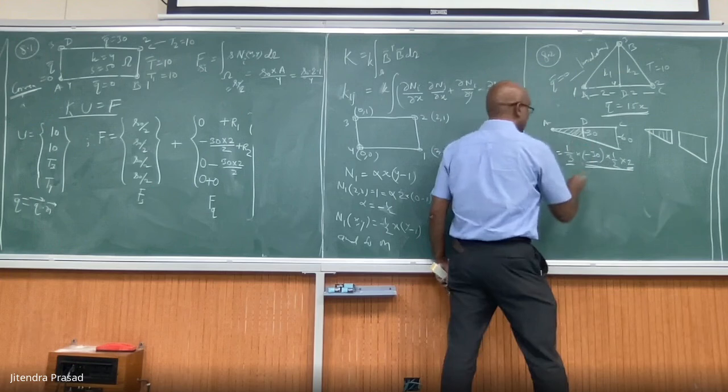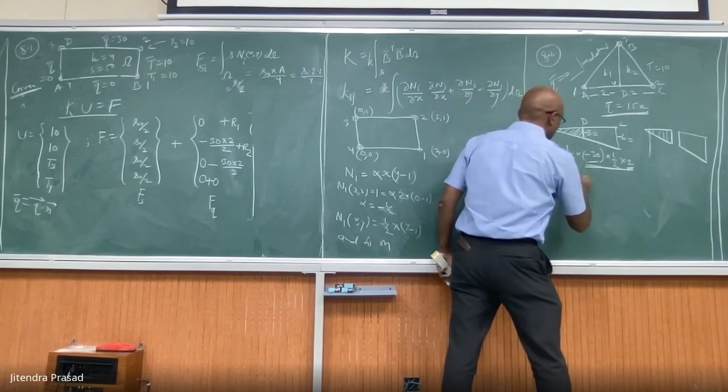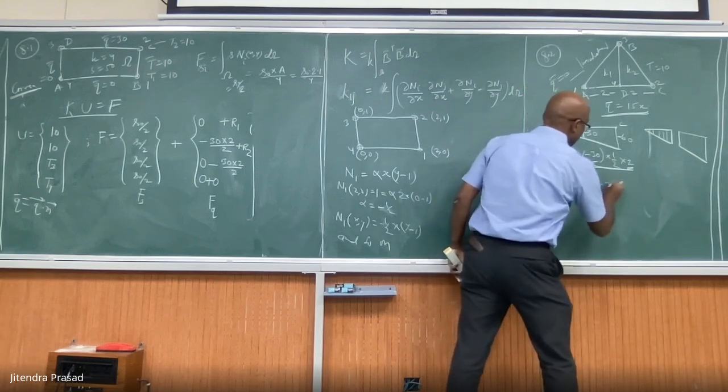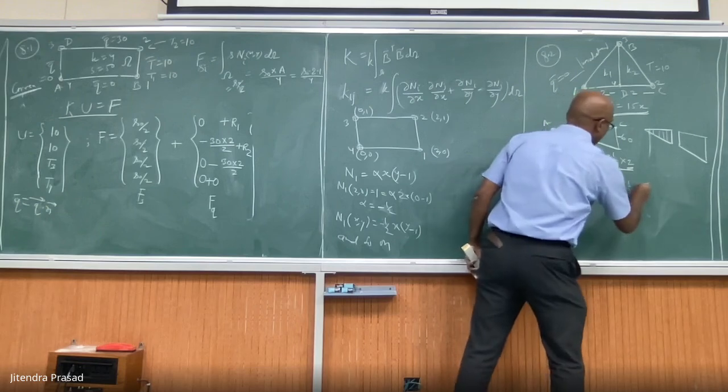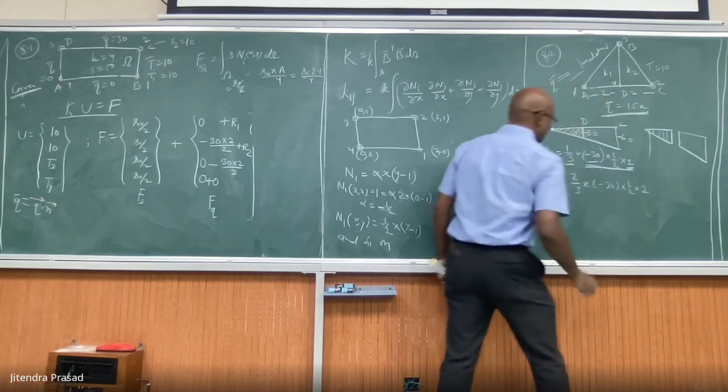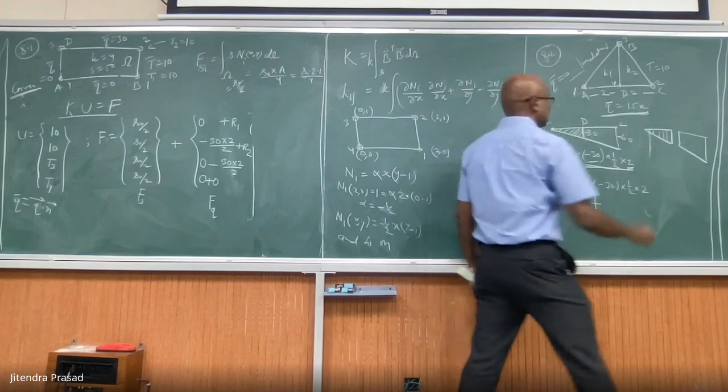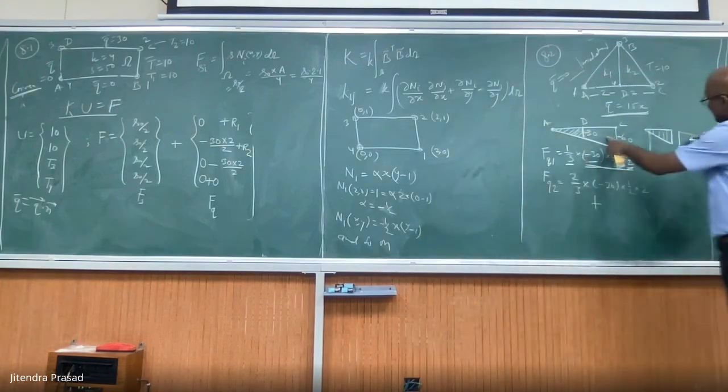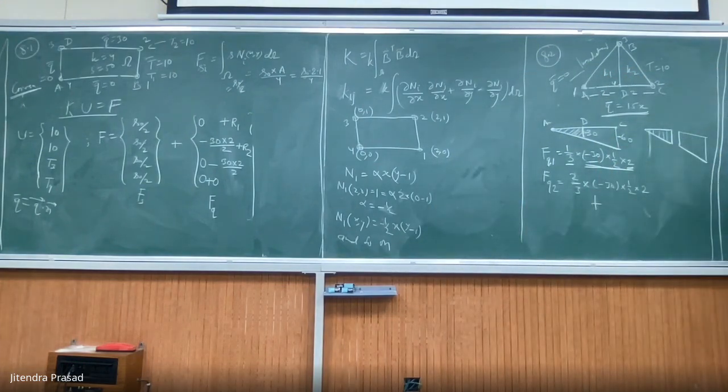One coming from here, which will be 2/3 of -30 into half into 2, plus another contribution coming from this side, now rectangle and 120. So for this, what you will do? You do half from this side and 1/3 from this side.